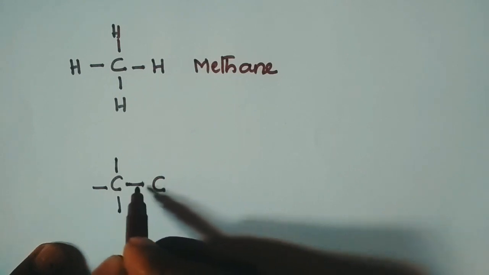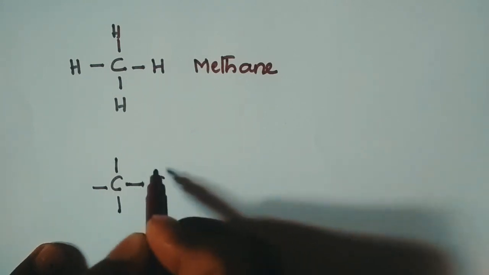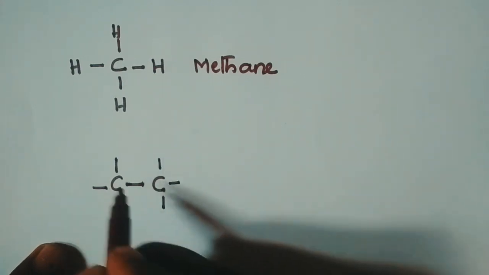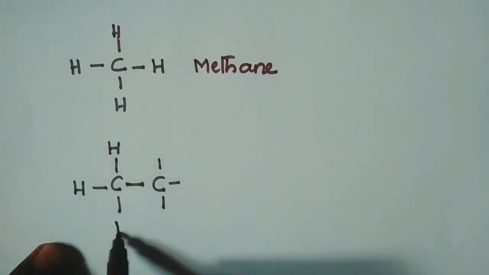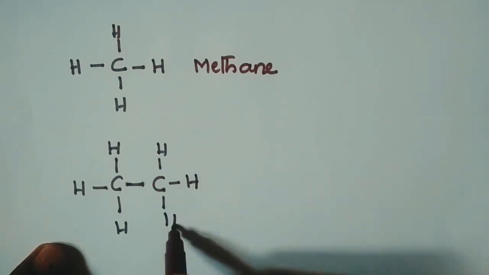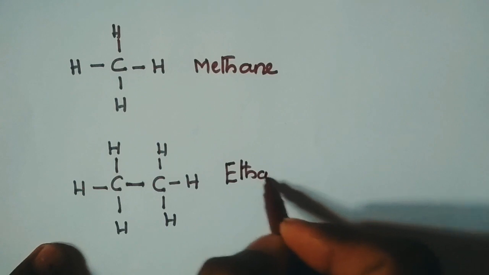For this carbon already 1 bond is there, then you can subtract 4 minus 1. You are getting 3. For this carbon also 3. In the beginning only I told, for each bar you can write the hydrogen atom. Like this you can write. This molecule is the 2 carbon containing alkane, that is called ethane.